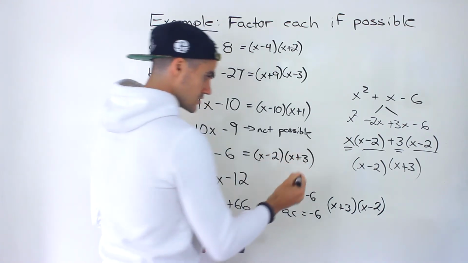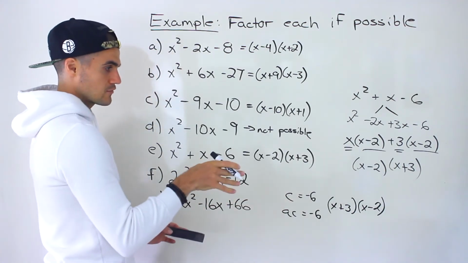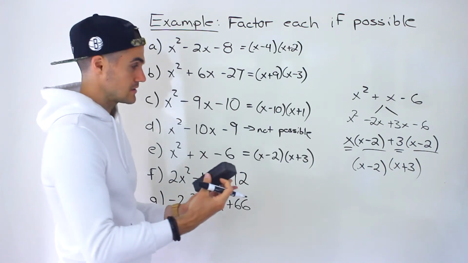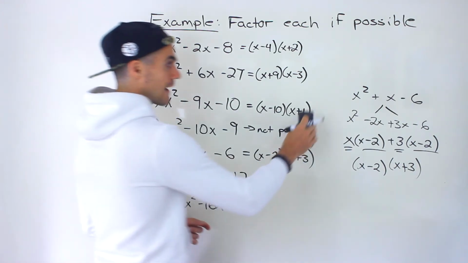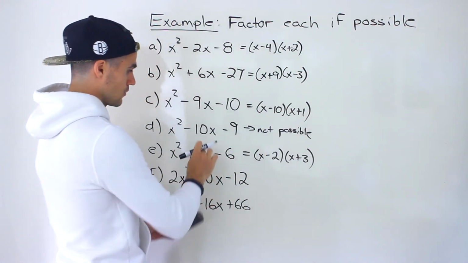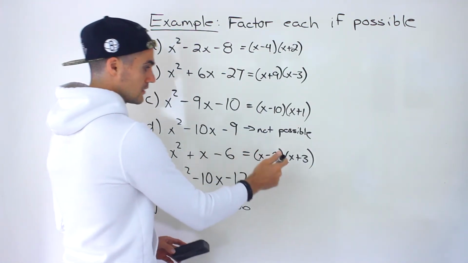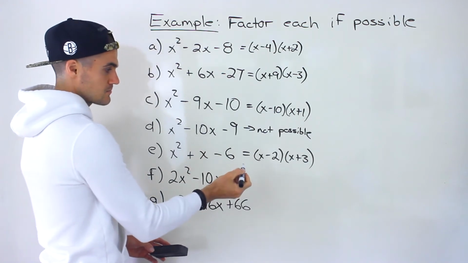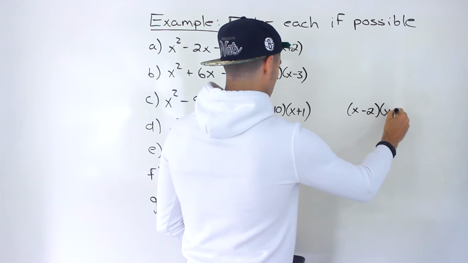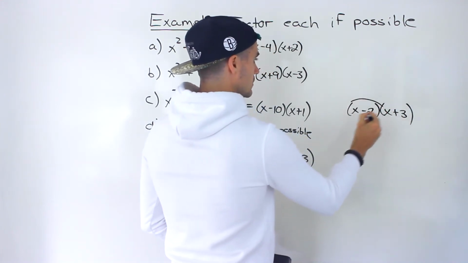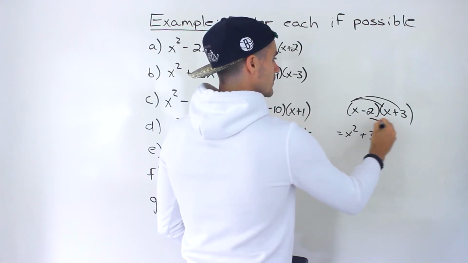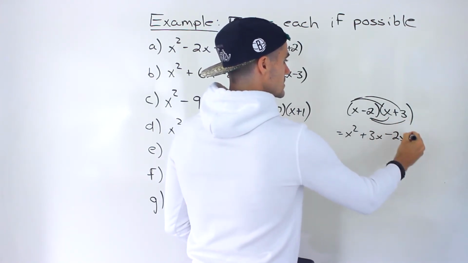As I've mentioned in previous videos, you can always check your answer by expanding your factored form, because remember, expanding is the opposite of factoring. Going from here to here is factoring, and going from here to here is just expanding. So if you want to check your answer, you could take your factored expression and expand it: x squared, 3x, minus 2x, minus 6.